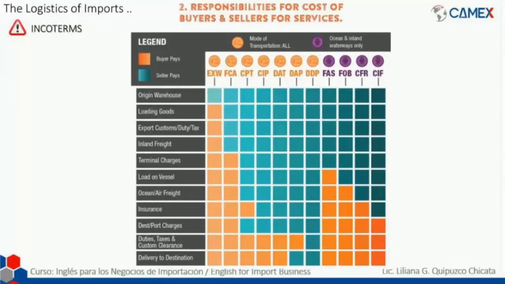So we're starting to see a lot of conferences about that information. So we will have to update. Once Incoterms 2020 comes out, we will have to study again. It is said that they are going to eliminate the EXW. It is not going to be considered as an Incoterm rule for the next edition. So we're going to see.